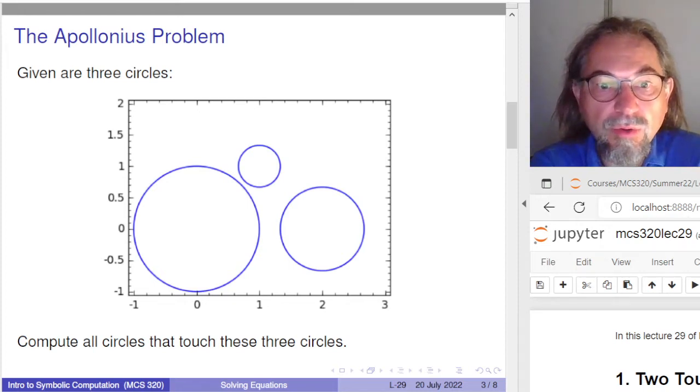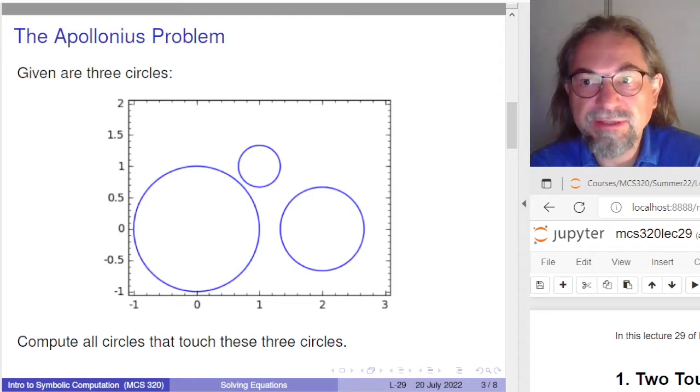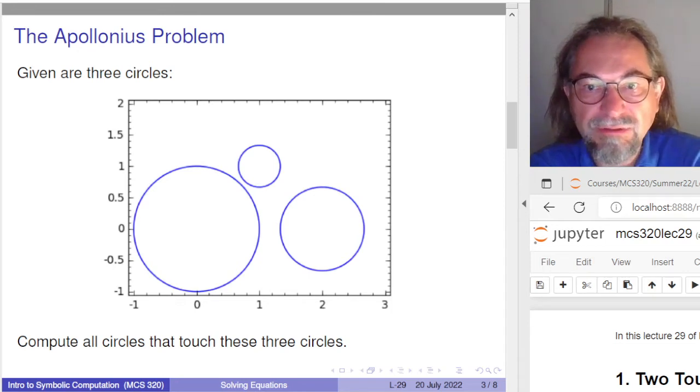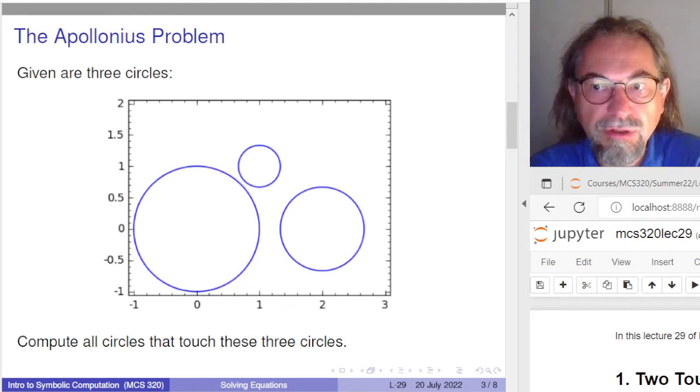So we will see in the Jupyter notebook with SageMath that if you provide one circle, then finding another circle that touches the circle reduces 1 degree of freedom.